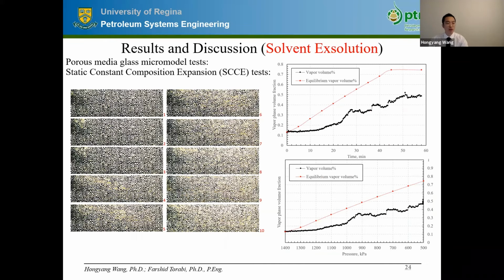In this figure, we can see, same as the bulk visual cell test, there is a gap between the vapor phase volume fraction under the non-equilibrium condition as well as the equilibrium condition.